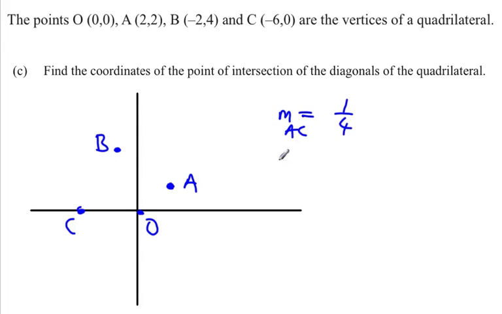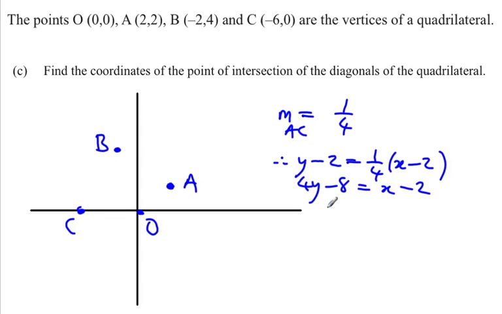Therefore, y minus 2 equals a quarter times x minus 2. That's using the equation y minus y1 equals m times x minus x1. Substituting in, multiplying by 4, we get this. Rearranging, we get x minus 4y. So that is one of our lines.